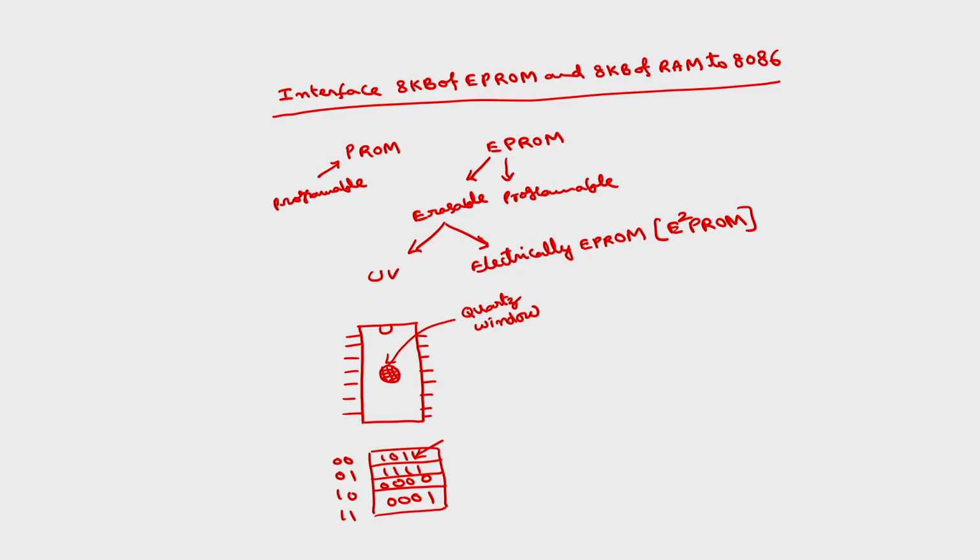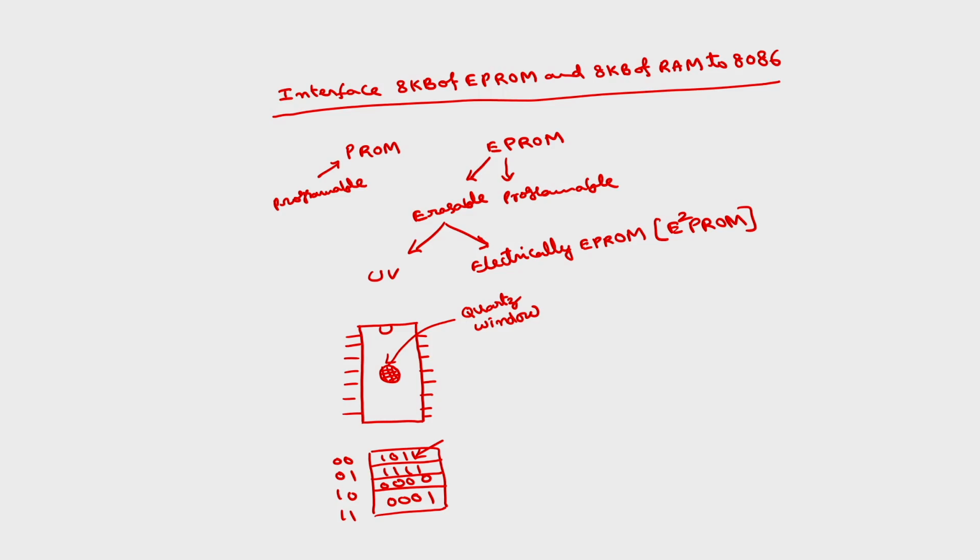Here it is possible to erase a single bit, a single location, or the entire memory. You can program accordingly, depending upon our requirement. So, this E square PROM is one of the popularly used read only memories for many applications. Here I am using this EPROM, which by default is an E square PROM.